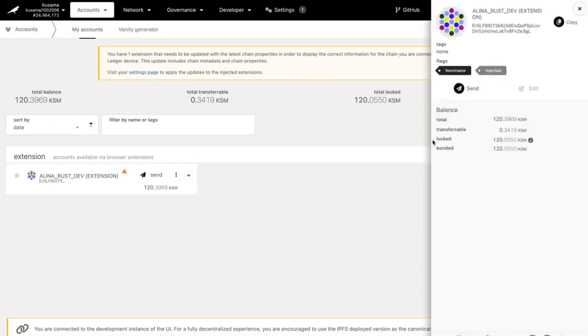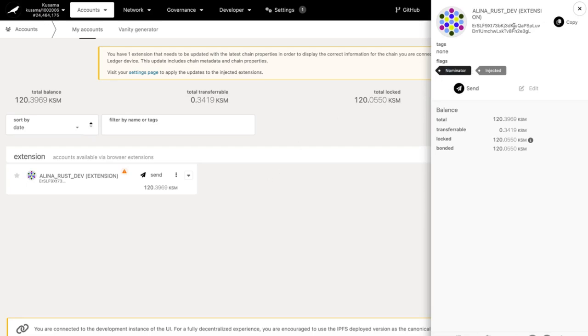And here we can see that there is total amount, there's transferable amount, which is not a lot, there's locked and bonded amount. So it means in this situation that it is locked because it is on staking. And this is why we can see this nominator flag here.